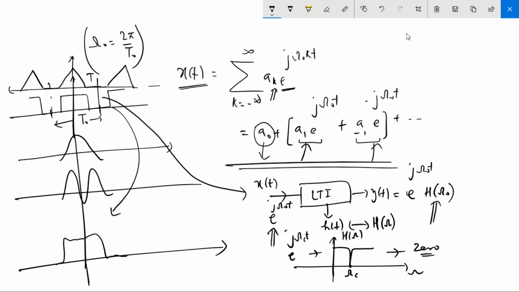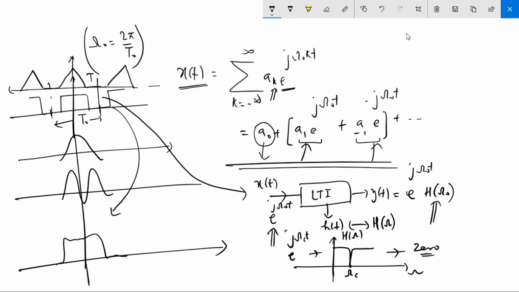Since we know the response of the system for each, it is the same signal multiplied with the frequency response at omega naught. When you pass a frequency of 2 omega naught, the output is the same frequency, multiplied with the frequency response of the system at 2 omega naught.